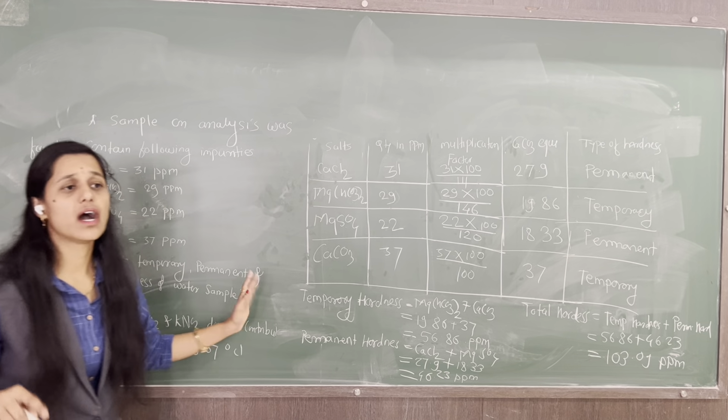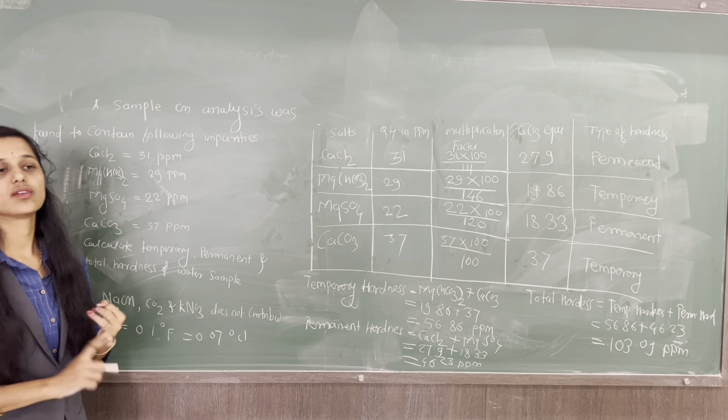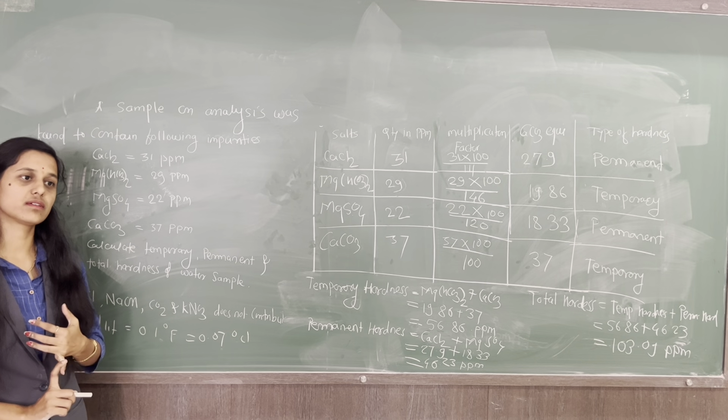This is about how to calculate the temporary hardness, permanent hardness and total hardness. Understood?